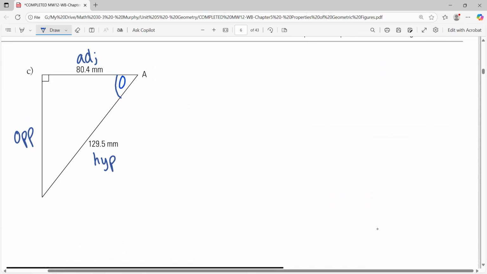And we don't know the angle. So that is cosine. So cosine theta equals adjacent over hypotenuse. So 80.4 over 129.5.